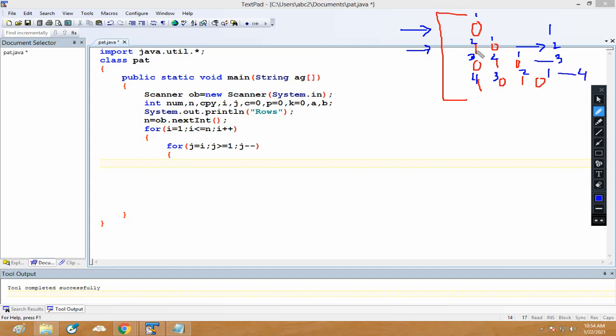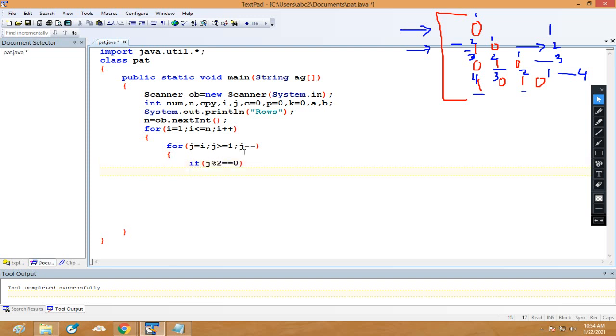Now see, whenever you are printing at an even position, like 2, we are supposed to print 1, and in the case of odd positions we are printing 0. So for that the condition has to be here. This is simple working, and now we put the condition j mod 2 equals 0.